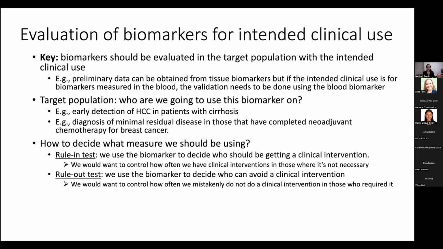Currently no one gets it. Now we want to decide who needs to get this clinical intervention. And in that context, we want to control how often we give clinical interventions to people who don't need it. So false positives: we use the biomarker and say you need a clinical intervention, but actually they didn't need it. When it's in the context of no one getting it, we want to ask how many people we falsely give a clinical intervention to. That's what we often want to control, a false positive.